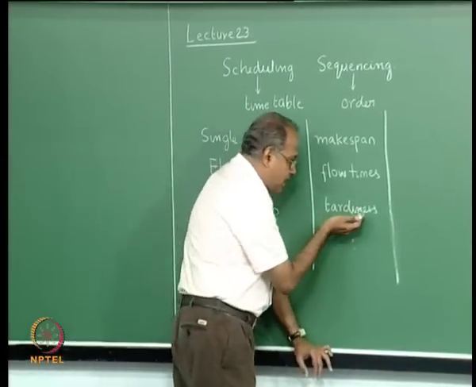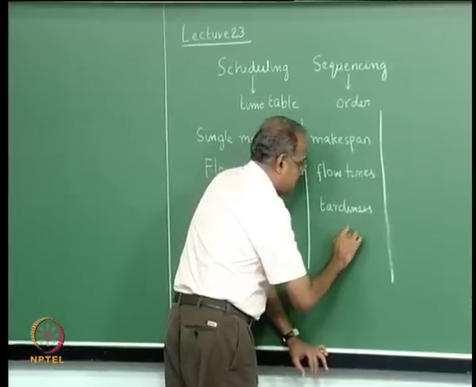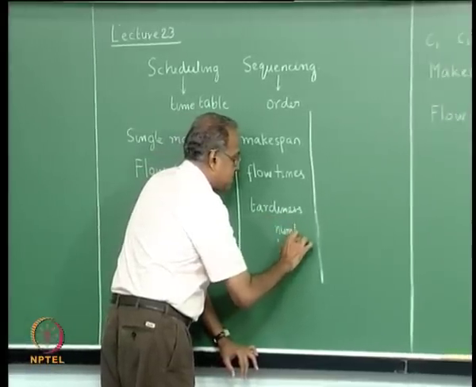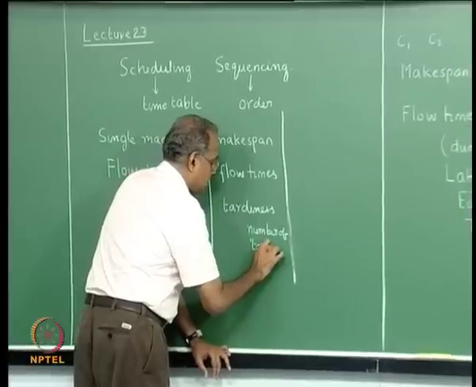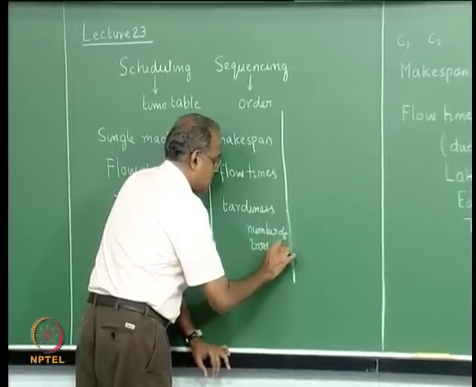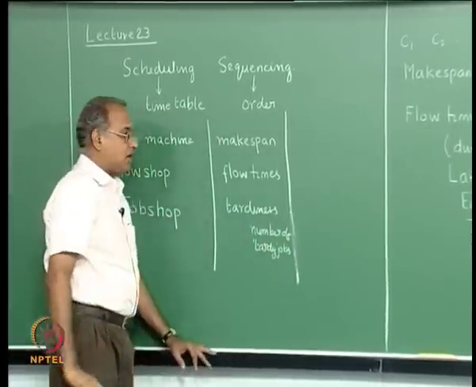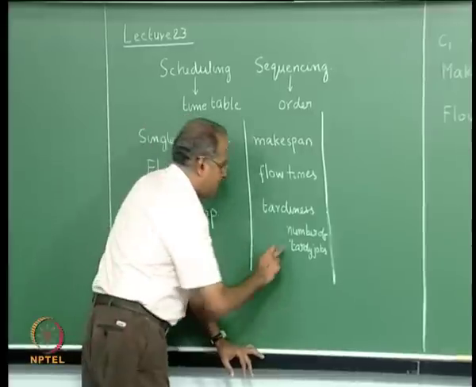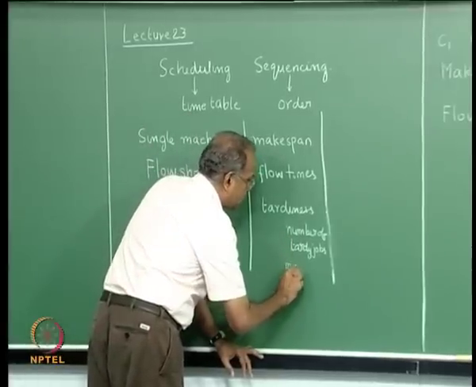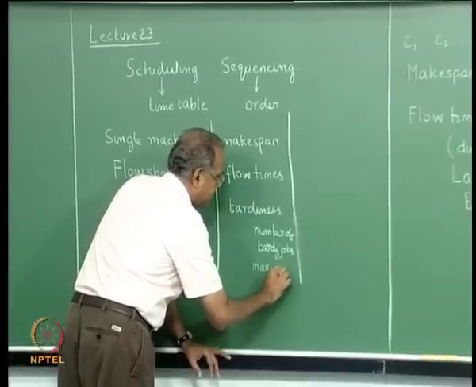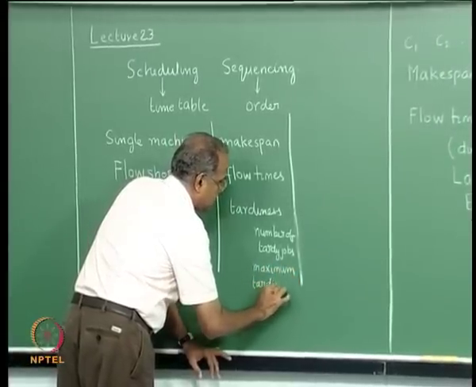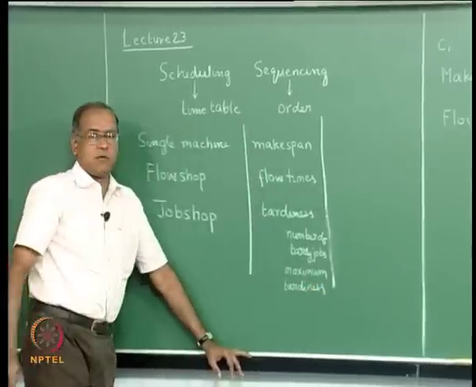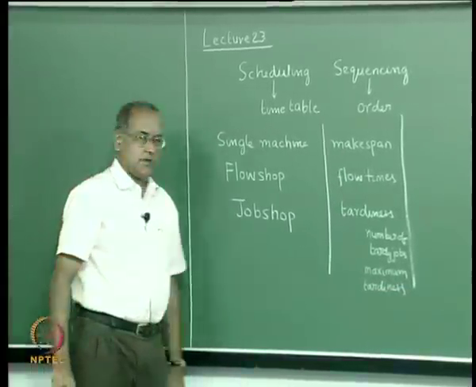Sometimes we also have other objectives such as number of tardy jobs, and maximum tardiness to be minimized. Maximum tardiness is also to be minimized.